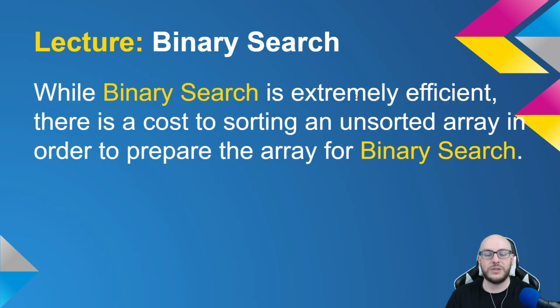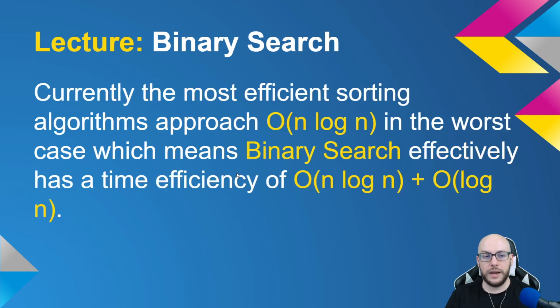While binary search is extremely efficient, there is a cost, right? There was a big precondition at the beginning of all this. It has to be sorted. Okay. So as it turns out, I gave some insight to sorting algorithms. Our best sorting algorithm, our best worst case sorting algorithm, maybe I should say, operates in n log n, meaning it has to make this number of comparisons in order to get the array sorted.